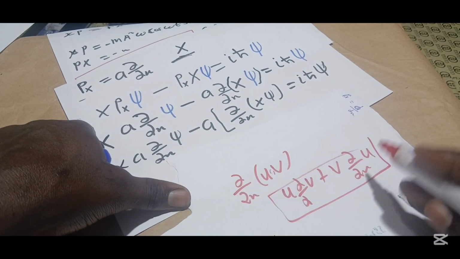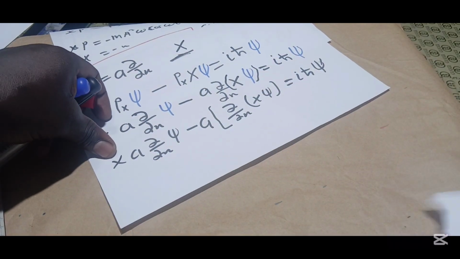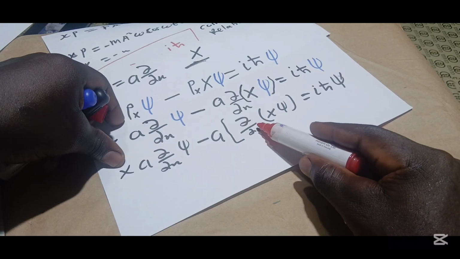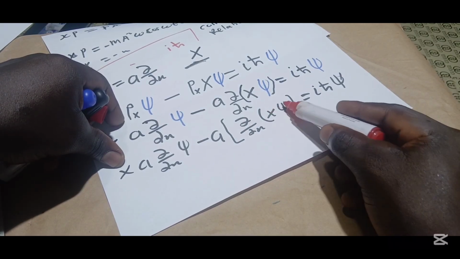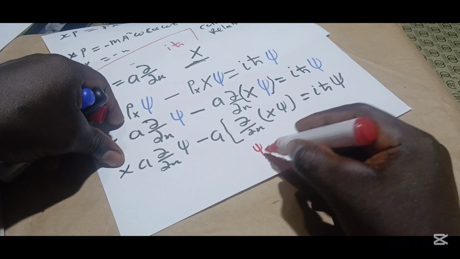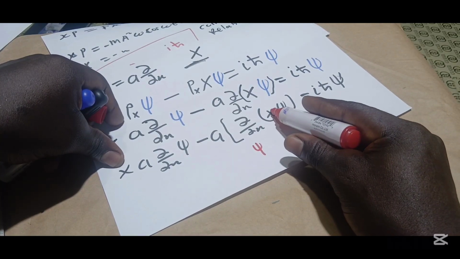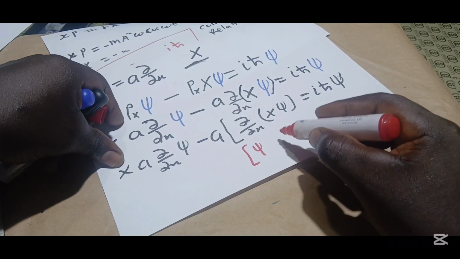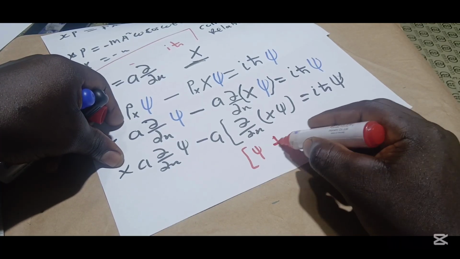That is exactly what we are going to do for this term right here. So in this case, differentiating this whole thing with respect to x, we bring our wave function here, and differentiating x will give us 1, which means we are basically going to have only psi here.